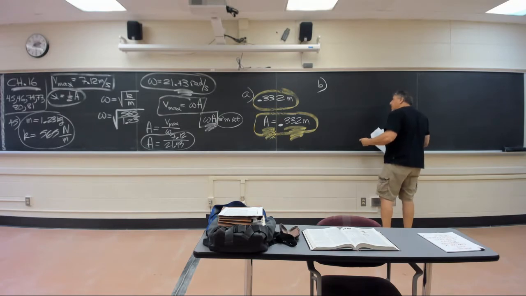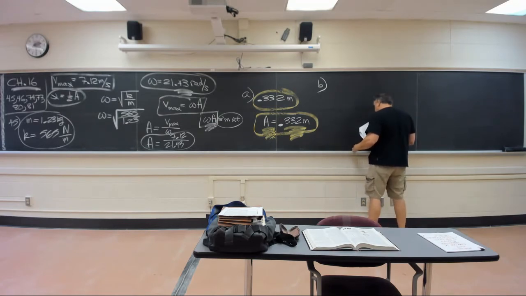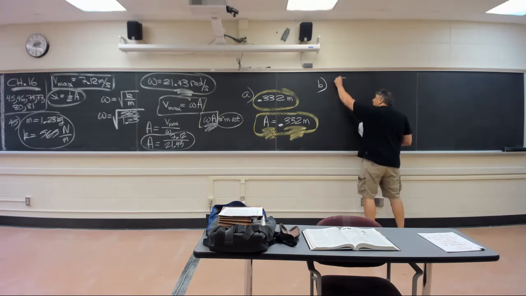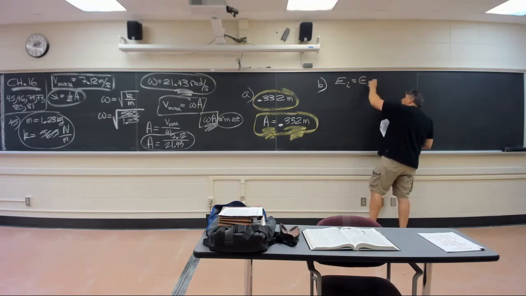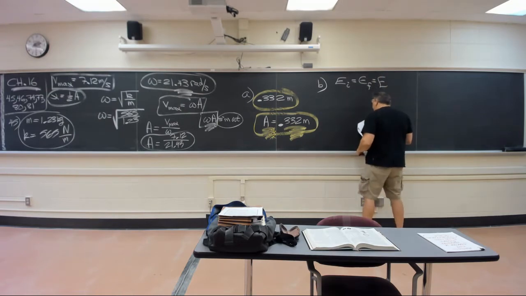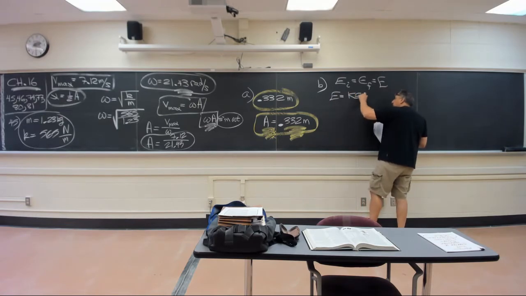energy is conserved. So the maximum energy, there's a whole bunch of ways you could say this. E initial equals E final equals sum E, and sum E is the total energy of the system. The total energy of the system is the kinetic energy plus the potential energy.